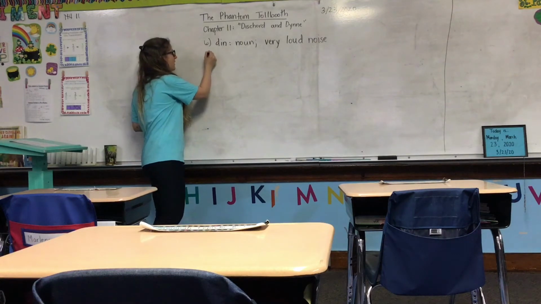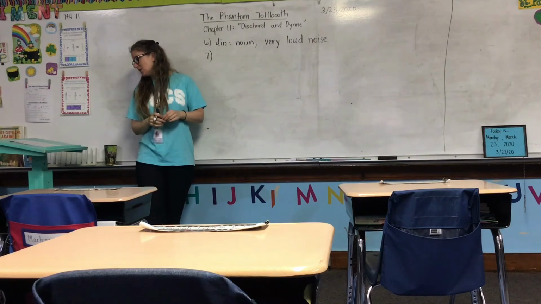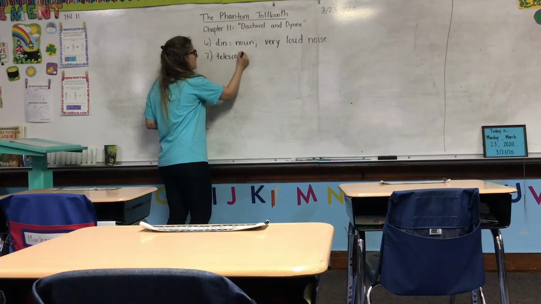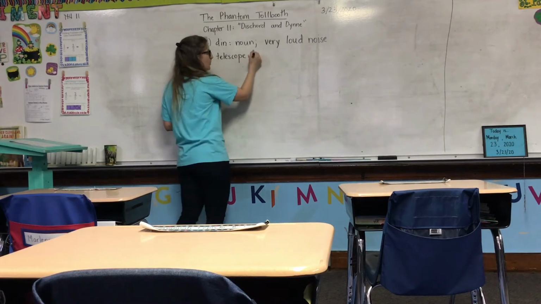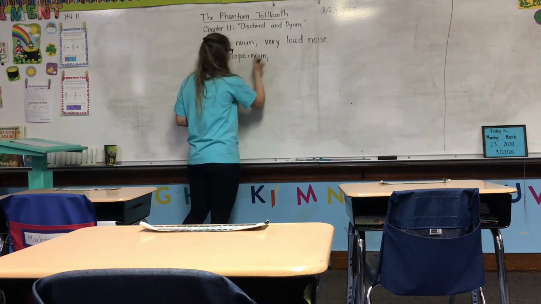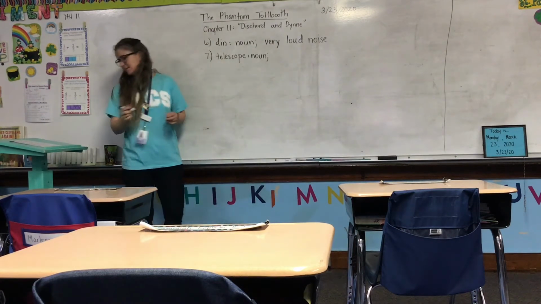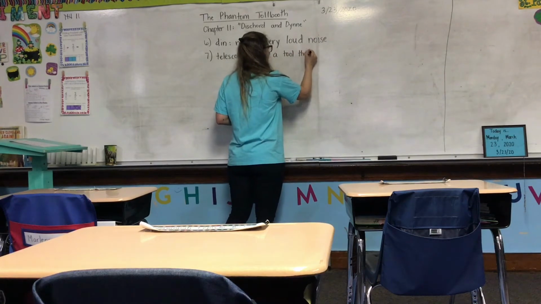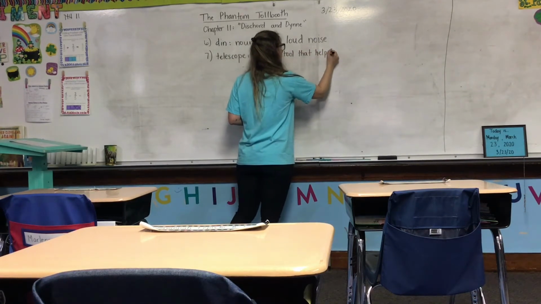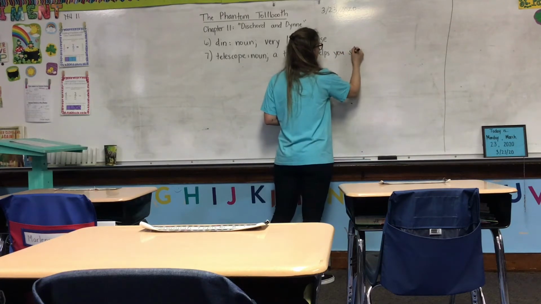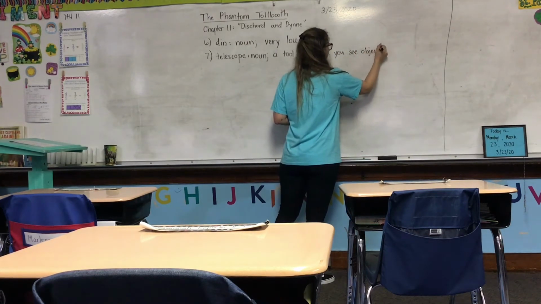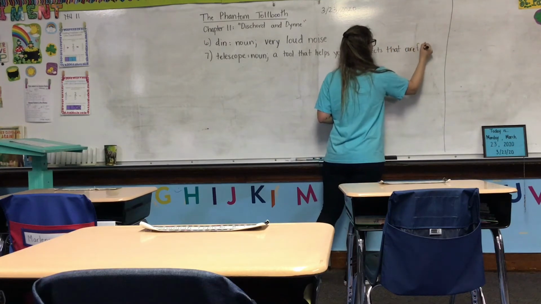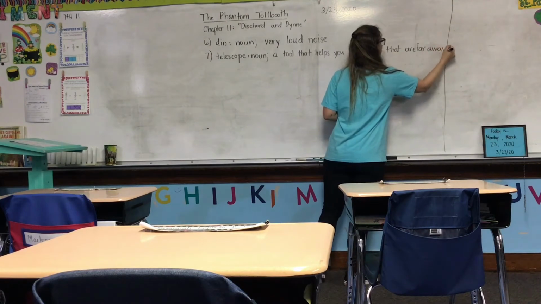Okay, number 7 is the word telescope. Now we know what that is, but we'll go ahead and add it anyway. Telescope is, of course, a noun, and it is a tool that helps you see objects that are far away.